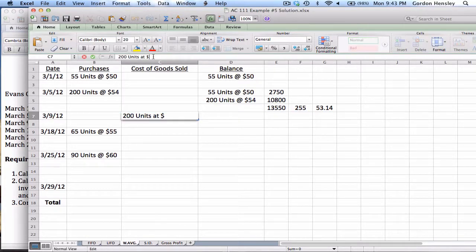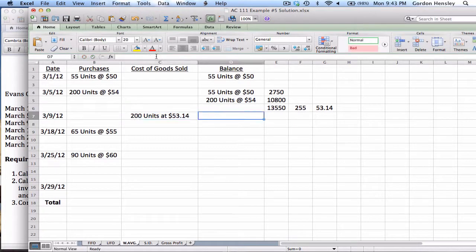So that's the price that I'm going to use here, $53.14. And what do I have left at that point? I have 55 units left at the average price of $53.14. So that's how the average method works.